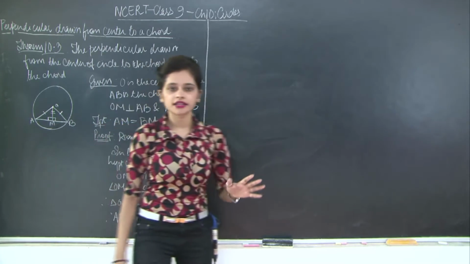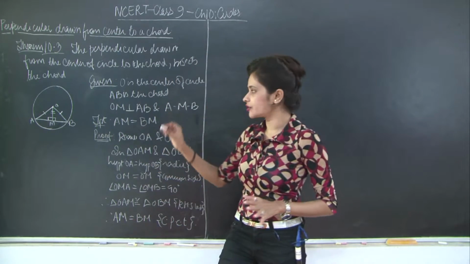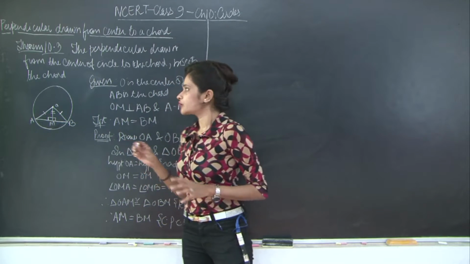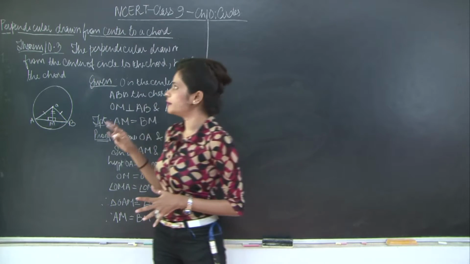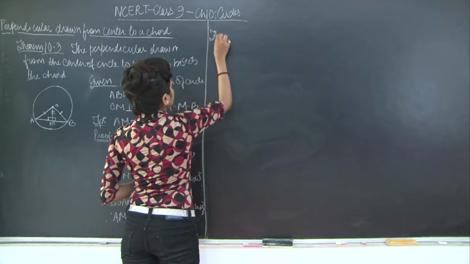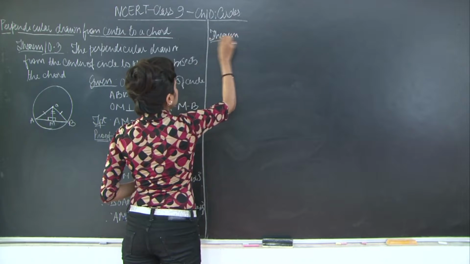So, what did we learn? That if you draw a perpendicular from the center of the circle to the chord, this perpendicular will bisect the chord. So, let us see if the converse is true, and that will be theorem 10.4 of your textbooks. So, let us write down theorem 10.4.